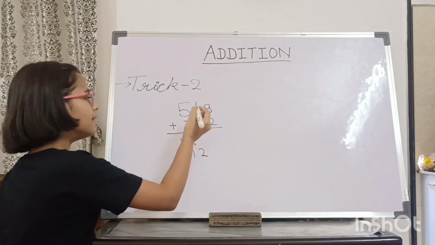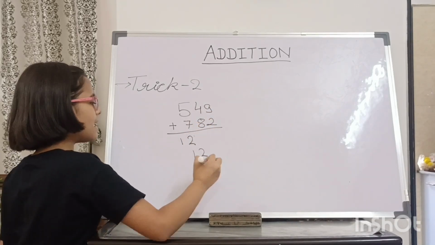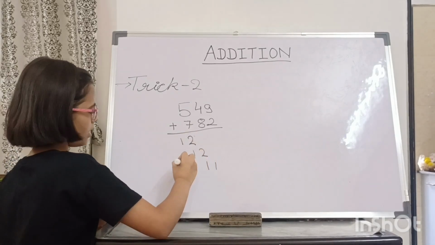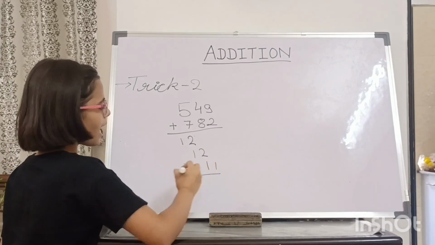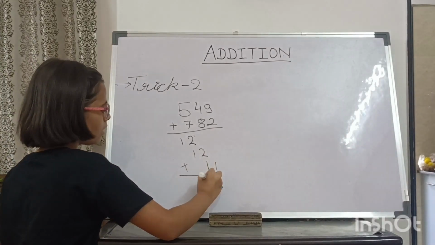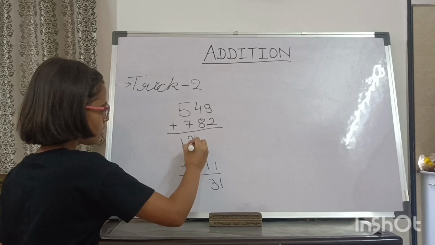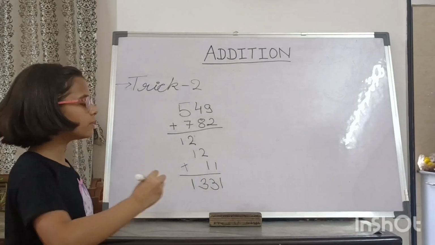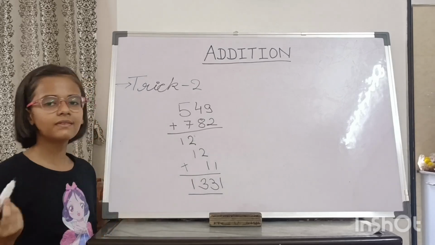And then 9 plus 2 is 11. So you have to write them in a staggered way. Then you have to add all of these numbers. The answer is 1, 3, 3, 1.